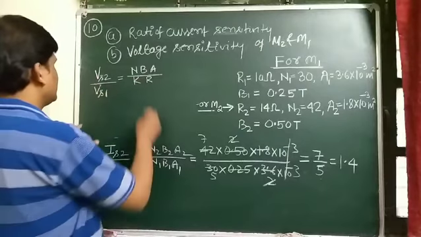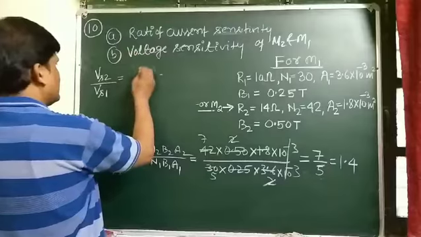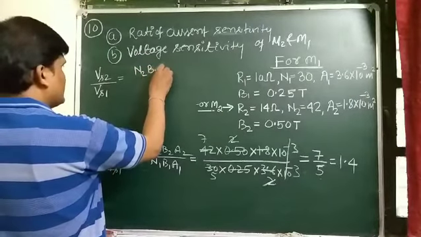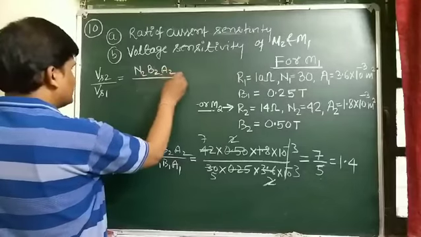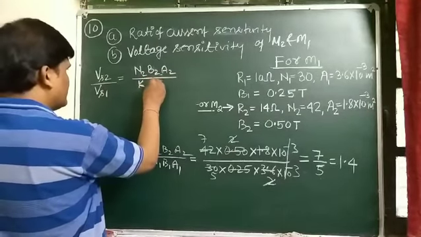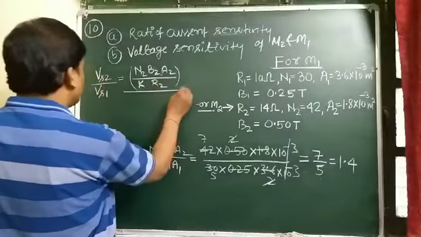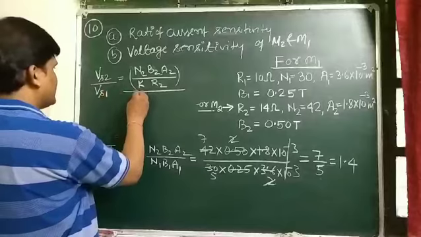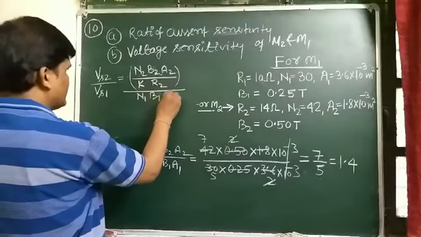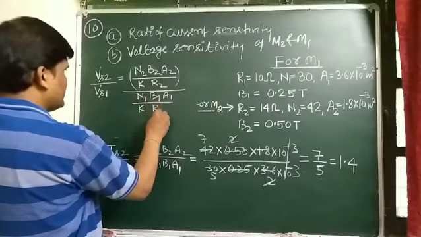So Vs2 is N2 B2 A2 by K, the same for both meters, and R2. And Vs1 is N1 B1 A1 by K, the same, and R1.